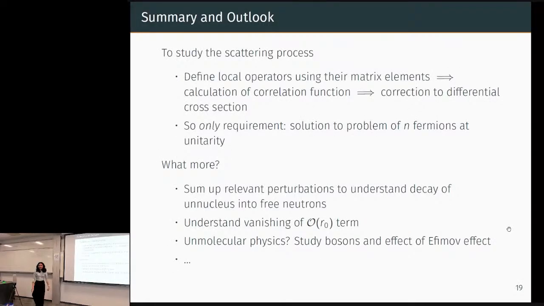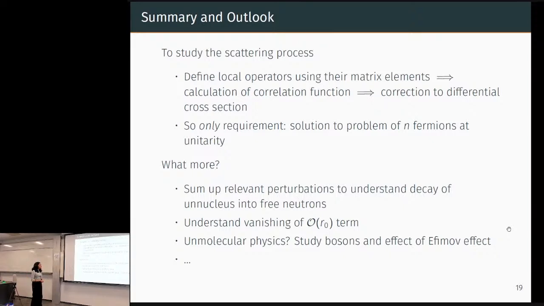Just to summarize what we've done, we were interested in studying specific scattering processes when neutrons are released, and we simplified the problem by mapping it to a non-relativistic CFT. To calculate these correlation functions, we first had to define these operators, and the way we defined them involved solving the problem of n fermions at unitarity.